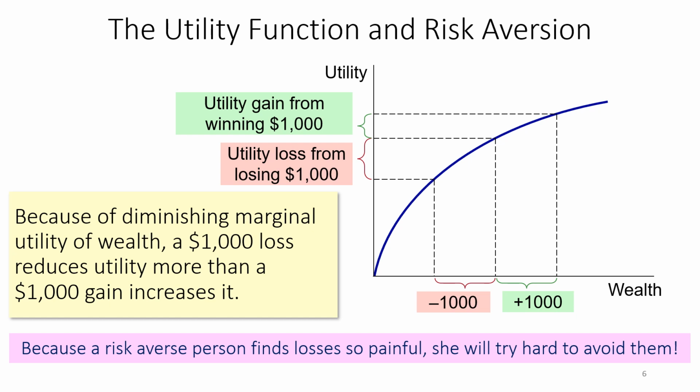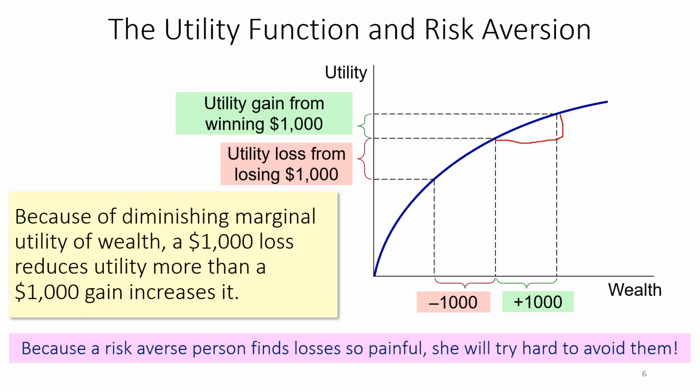If I take that $100,000 person and change her wealth, give her another $1,000, so now she's worth not 100 but 101,000, we see that her utility will change. So here we go from $100,000 worth of wealth to 101,000. This is the increase in wealth. And here's the increase in utility that person experiences from that change in wealth, that extra $1,000.